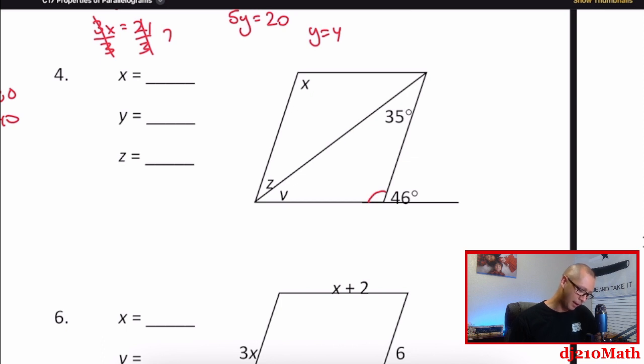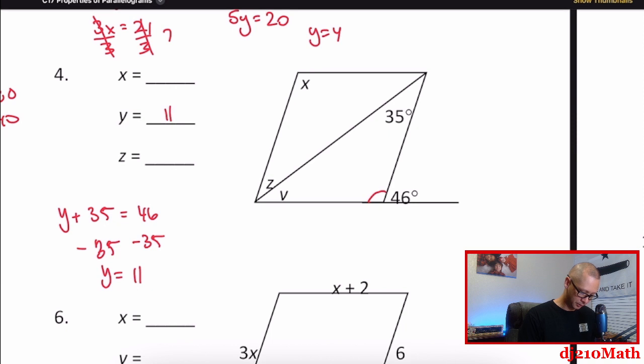And then that number plus 35, again minus 180 will give you y. That's a way. I feel like a more efficient way would be that I know that y and 35 together, that must equal 46, right? So y plus 35, this needs to equal 46. So minus 35 minus 35, y is equal to 11.